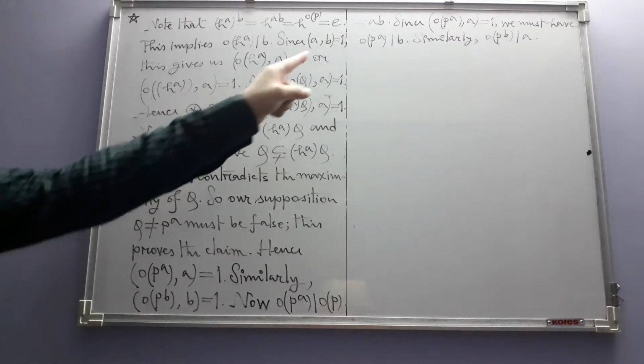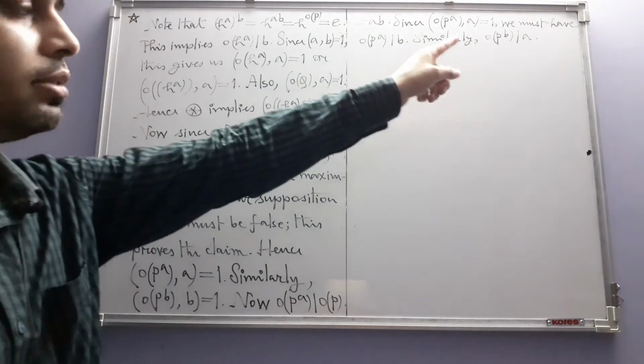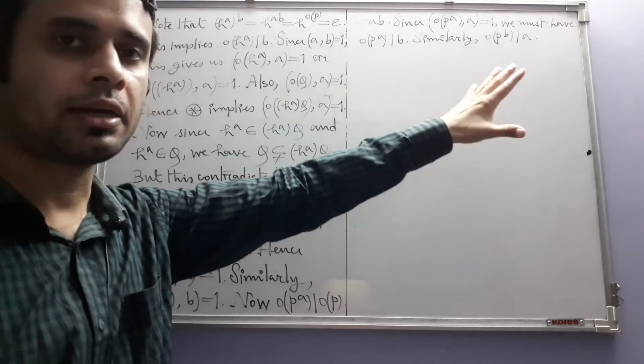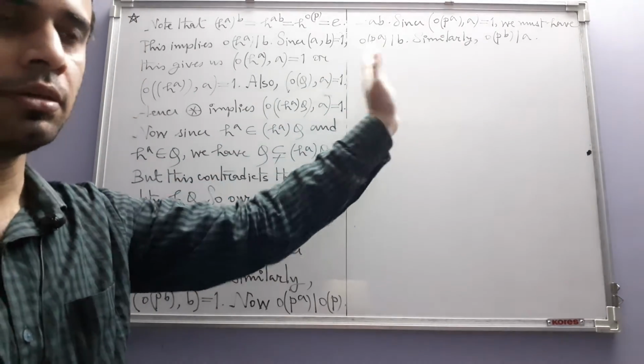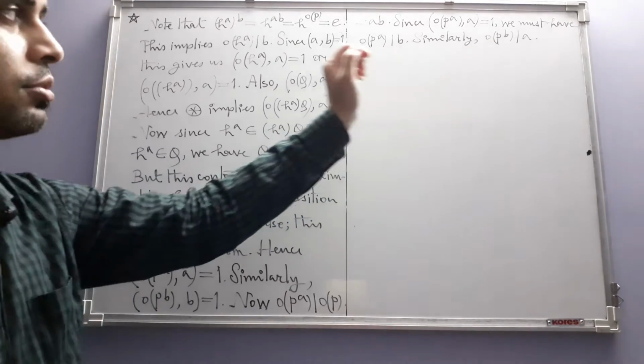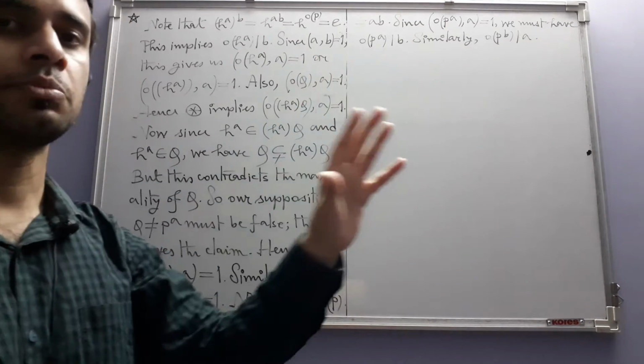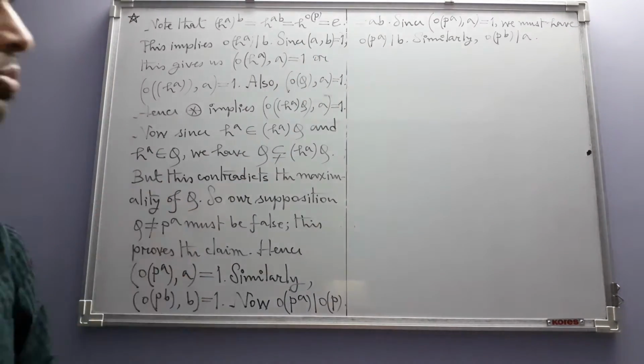Okay, now what can we conclude from these two divisibility relationships? Since A and B are relatively prime and these two things divide respectively B and A, these two things must also be relatively prime.